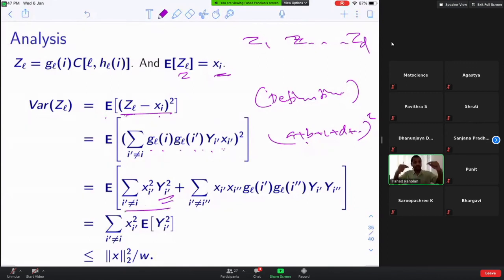And then there are cross terms with I prime not equal to I double prime, which are also not equal to I: Xi prime, Xi double prime, GL of I prime, GL of I double prime, Yi prime, Yi double prime. Is this okay? Just a simple expansion. Take your time.